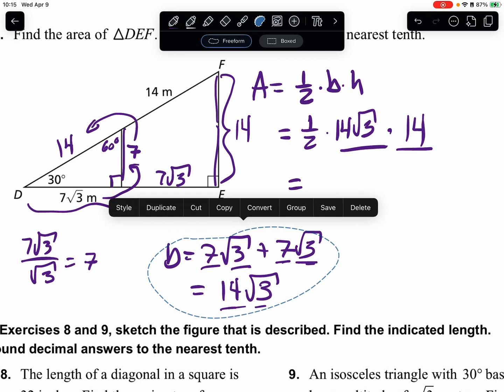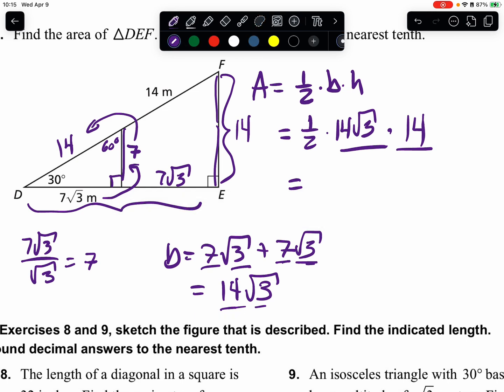We have 14 times 14 times a half. We're going to multiply those things together. If you grab a calculator and do 14 times 14 and then times a half, you should get something like 98 times radical 3.